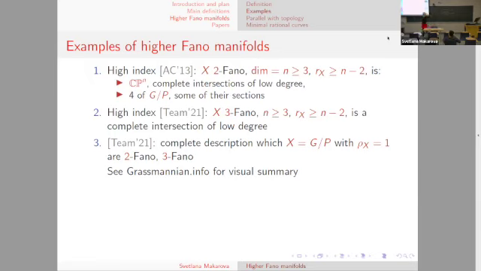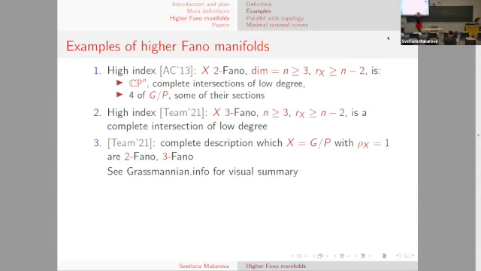So with our group, we further checked which of those are 3-Fano. And the only 3-Fanos of high index are actually only complete intersections of low degree. And we again give explicit bounds for the degrees.